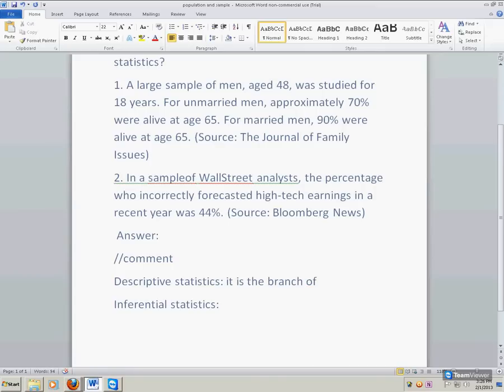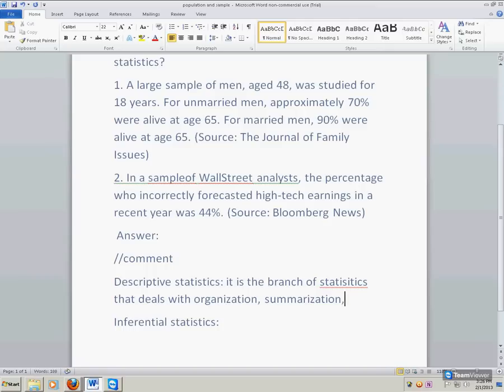The branch of statistics that deals with organization, summarization. So that would be descriptive statistics.